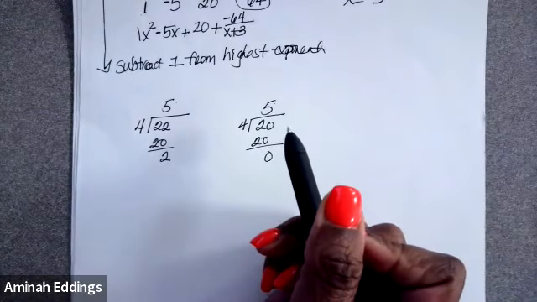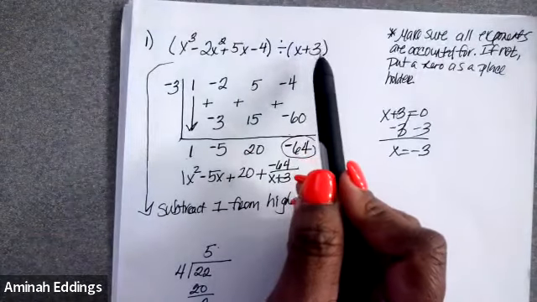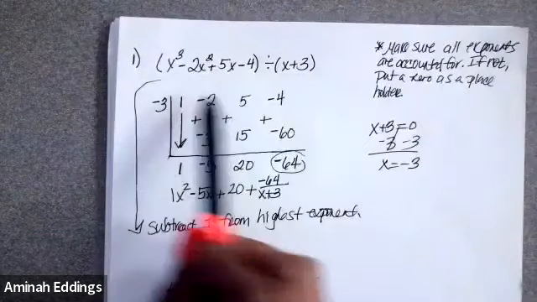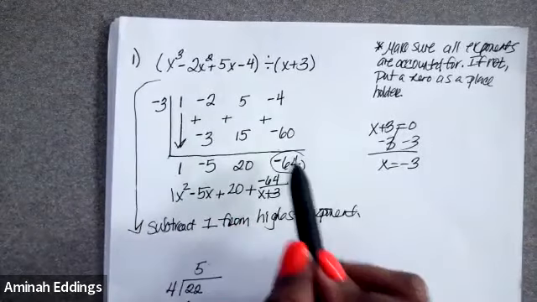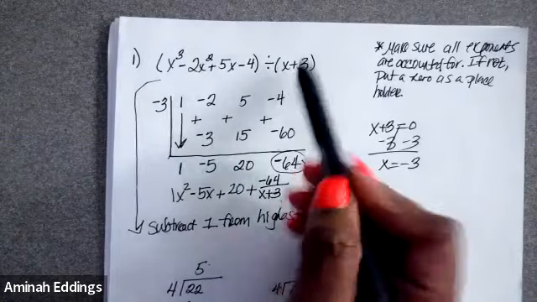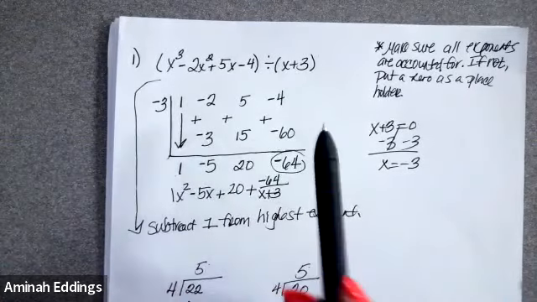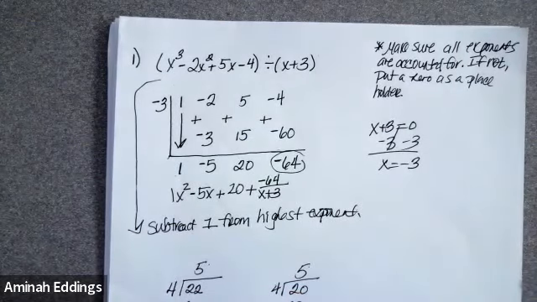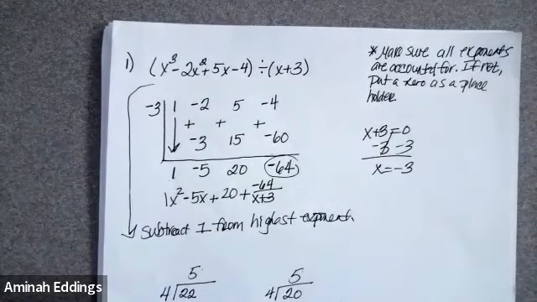So that's the same thing that we're saying here. When I divided x plus 3 and this polynomial, I received a remainder. So that means x plus 3 cannot evenly go into this. Therefore, x plus 3 is not a factor of this polynomial. Okay? Questions?